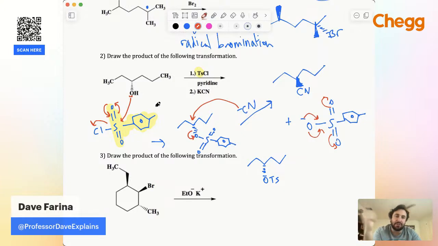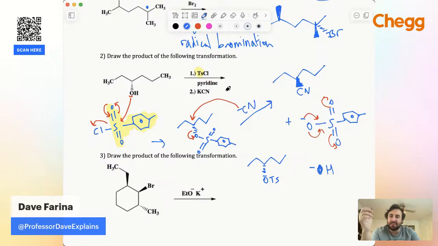The hydroxyl, if it leaves, is hydroxide, OH minus, there's no stabilization, right? This negative charge is localized on that oxygen atom. It has nowhere to go. But O-tosyl, there's tons of resonance stabilization. This is an excellent leaving group because it's so resonance stabilized when it leaves, right?